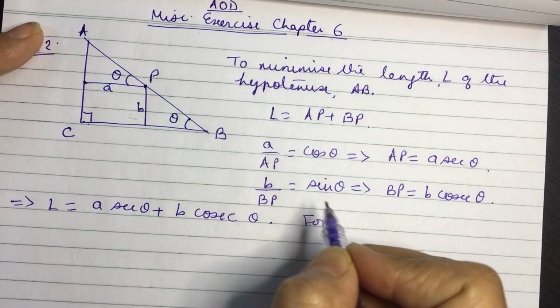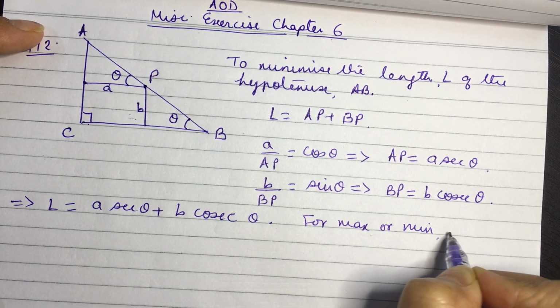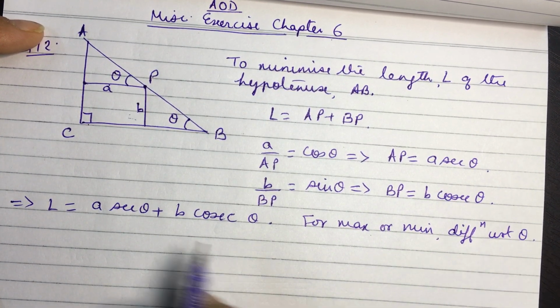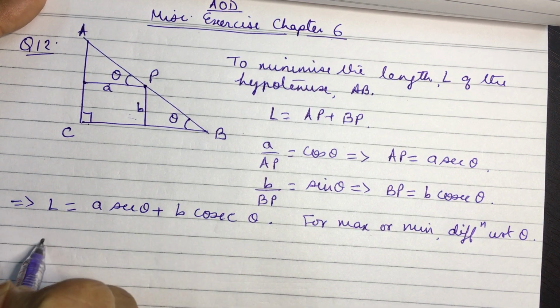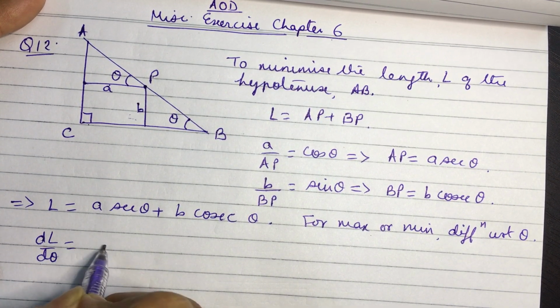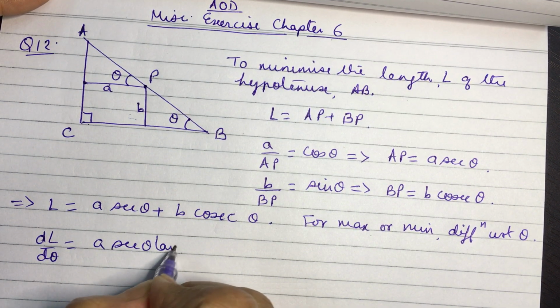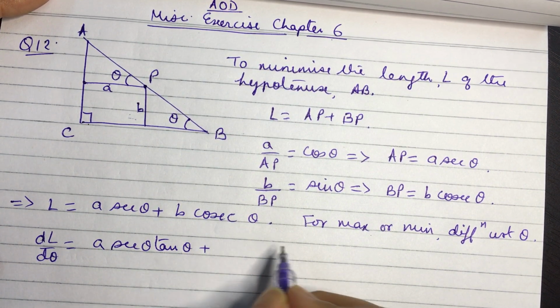Now, for maxima or minima, we have to differentiate with respect to theta, because theta is the only variable here. So, we get dL by d theta equal to A sec theta tan theta plus the derivative of cosec theta, which is minus cosec theta cot theta.